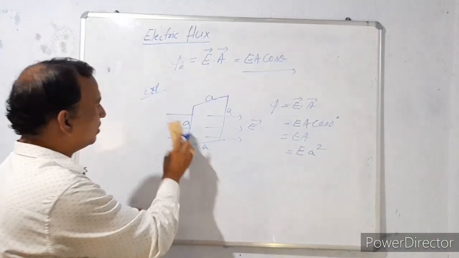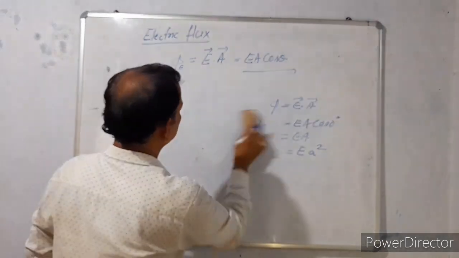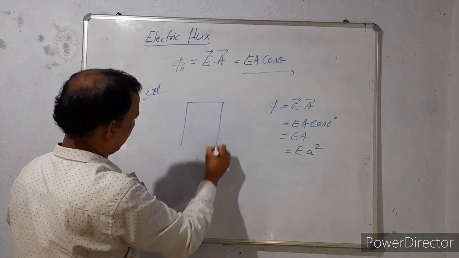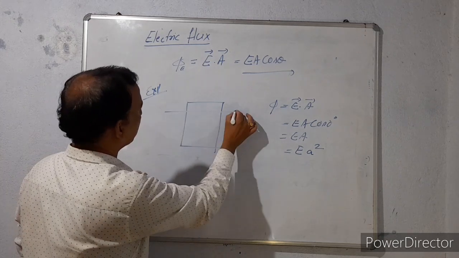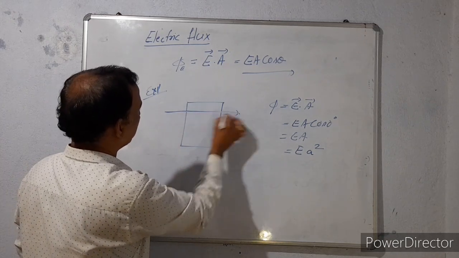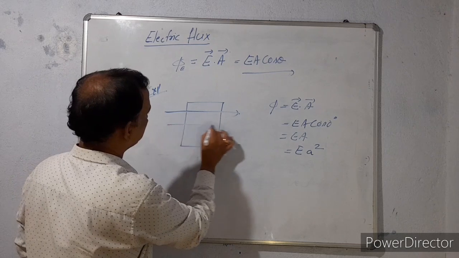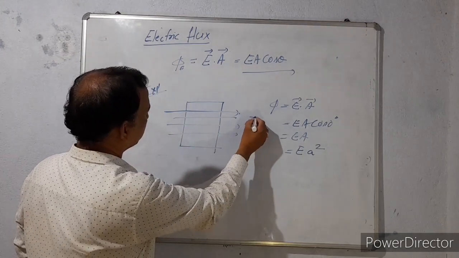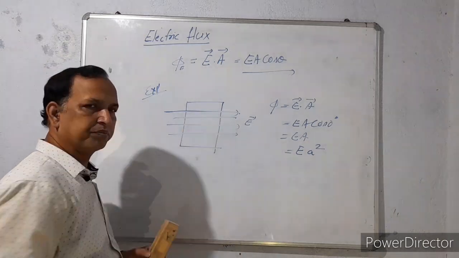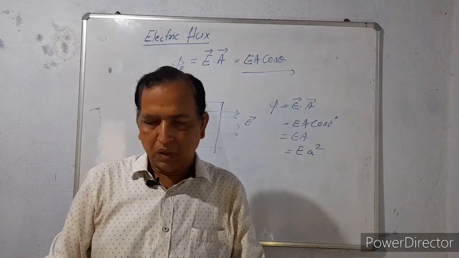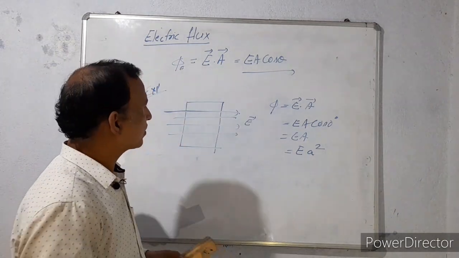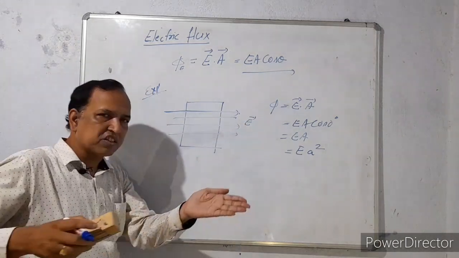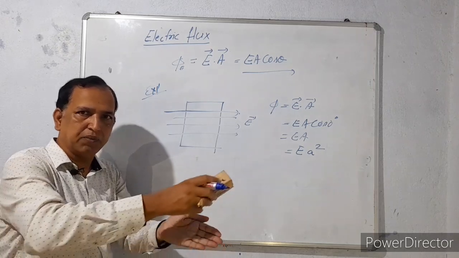In another example, what is the flux here? These are not perpendicular, the field lines just touch this area.